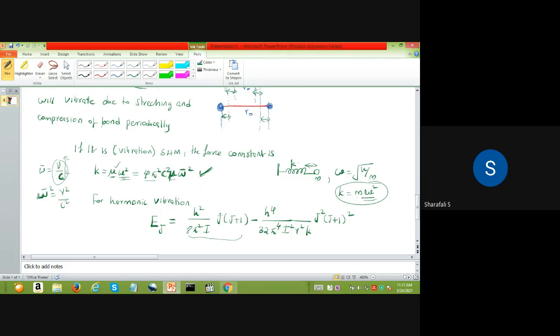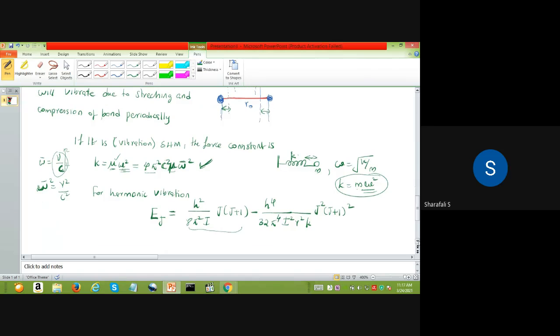Similarly, if you consider the vibration also, we have different potential terms which will come, and substituting all those values in the Schrodinger equation, we get the energy for a molecule having vibration along with rotation. Okay, so then you will have this kind of energy with vibration.